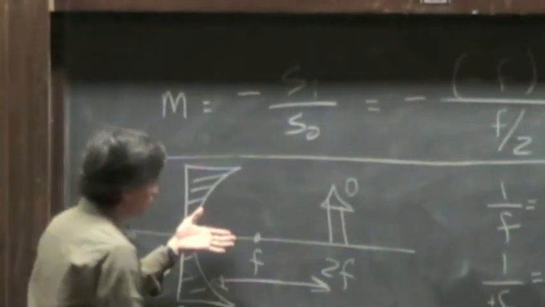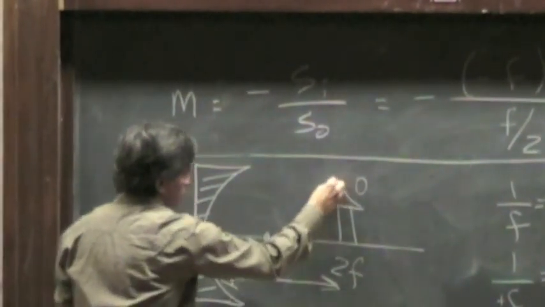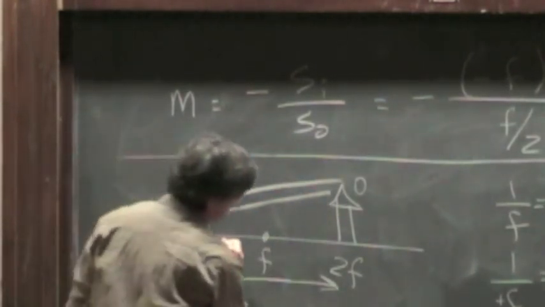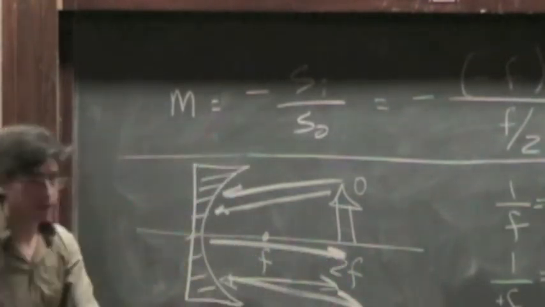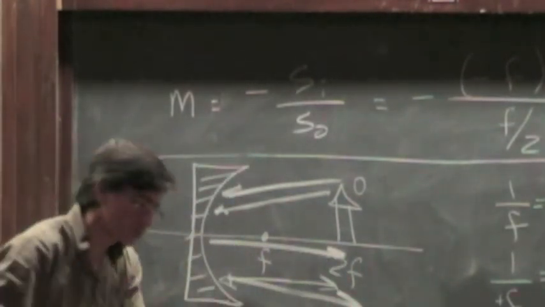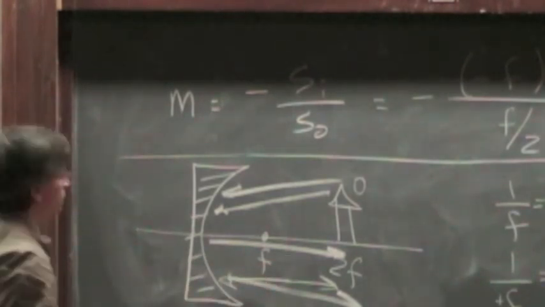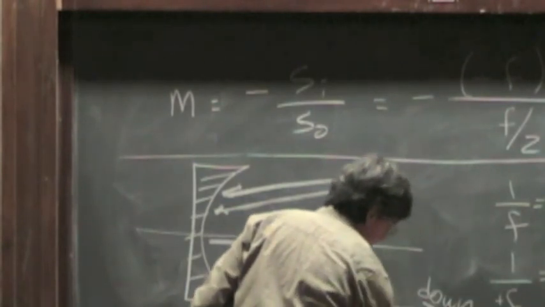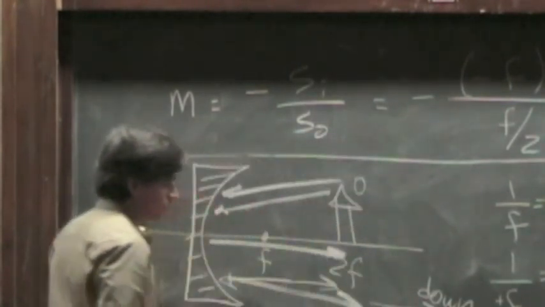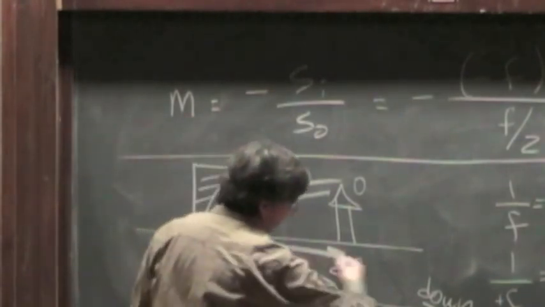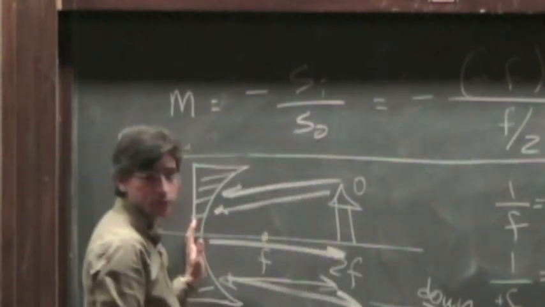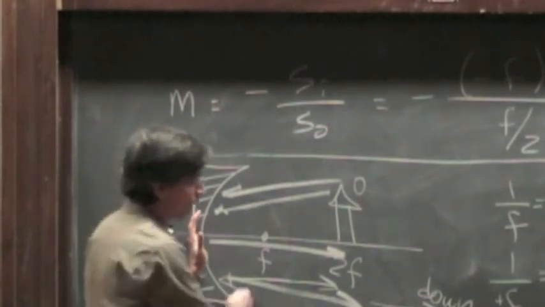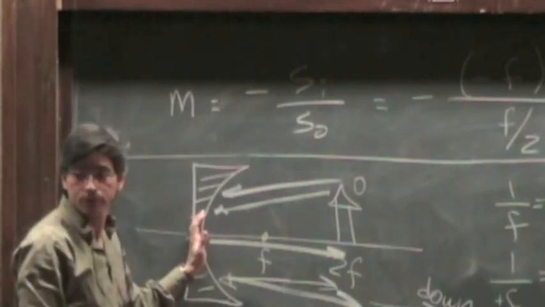Downstream for a mirror, think of the light rays as a stream of water, for example, that hits the mirror and bounces back that way. So it's like a bend in a river. The river comes in one direction and it bends and turns around 180 degrees. This is still the downstream direction for the image. So an image that is located on that side, that is the downstream direction for the image as you're located on the mirror. So that is a positive distance to the image.